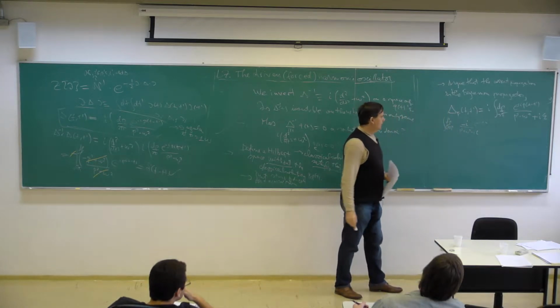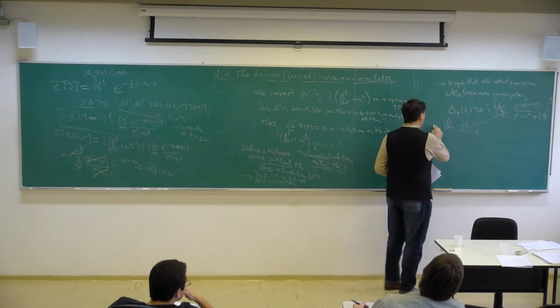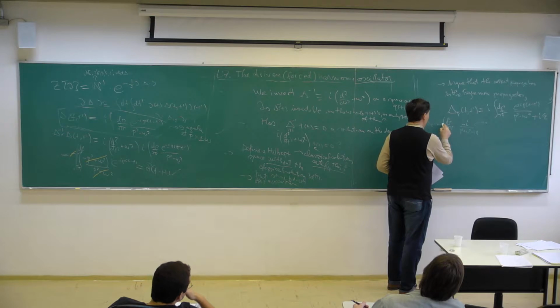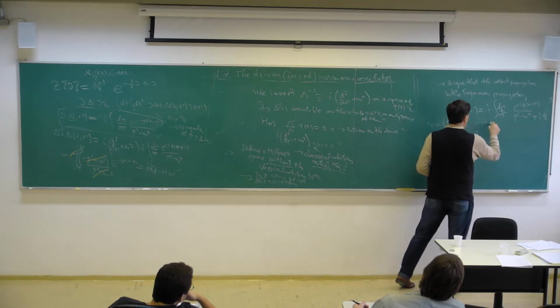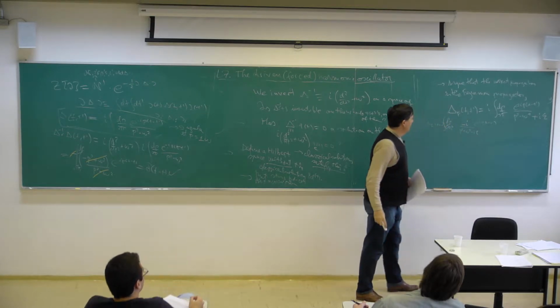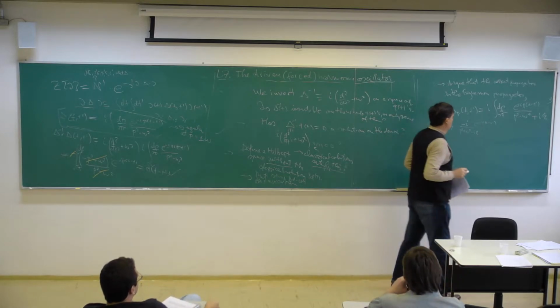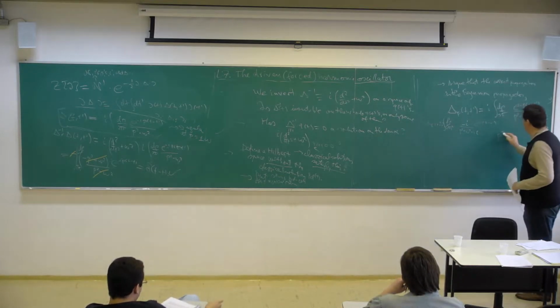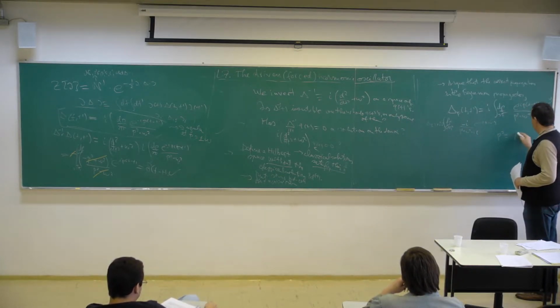This was delta f of x minus x prime. But then p squared was minus p0 squared plus p vector squared, right?